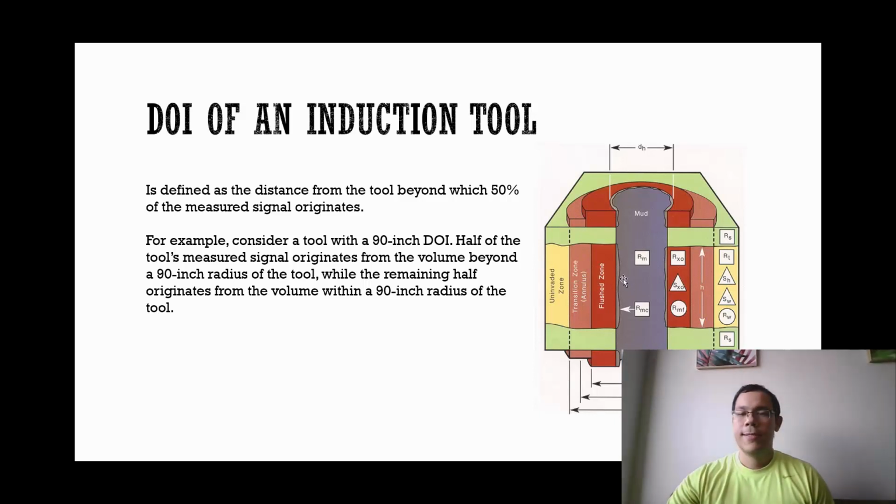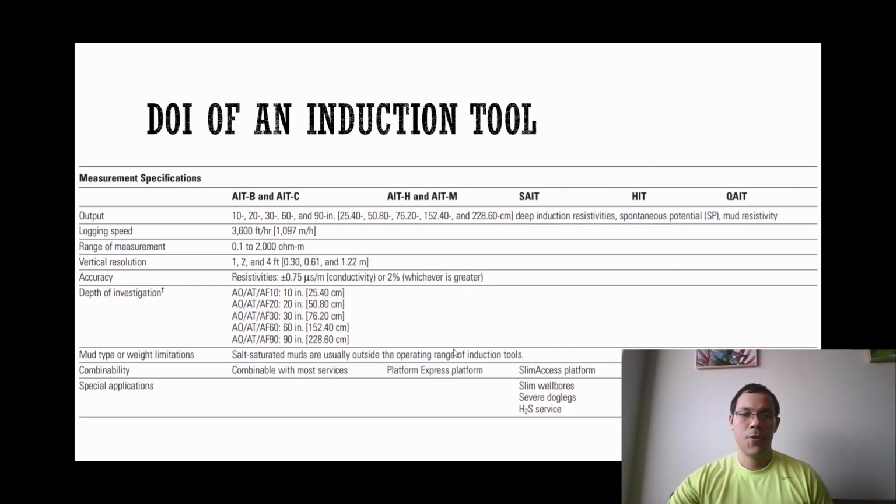To see it clearly, let's look at what a technical sheet of an induction tool looks like. Here we have an SLAM tool, and let's focus on this row. It says output 10, 20, 30, 60, and 90 inches. What it means is that this tool will give you information from the center of the tool to 10 inches into the formation, from the center of the tool 20 inches into the formation, and so on.